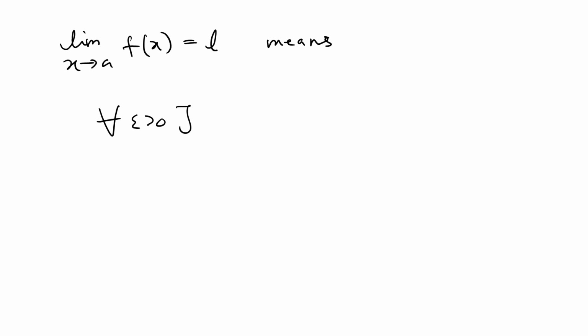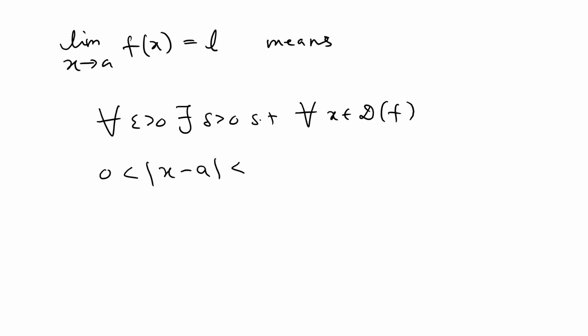So the correct definition has to be: we can say the limit as x goes to a of f(x) equals L if and only if for all epsilon there is a delta positive such that for all x in the domain of the function, we have to add that part, then the rest is true: absolute value of x minus a less than delta implies absolute value of f(x) minus L less than epsilon.